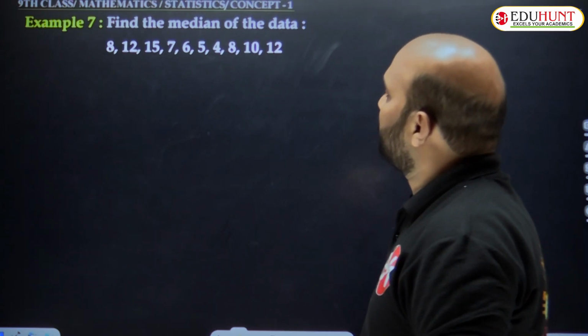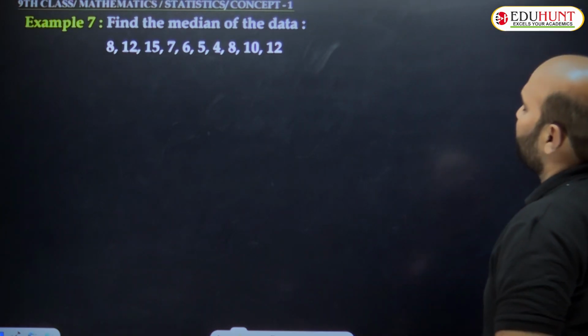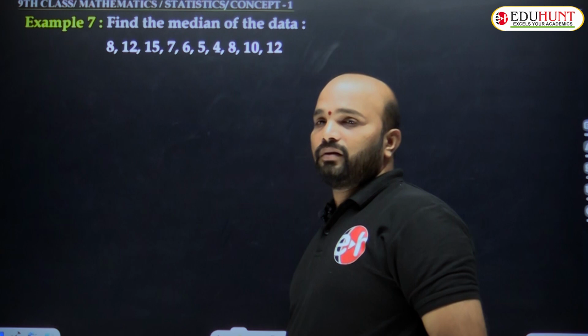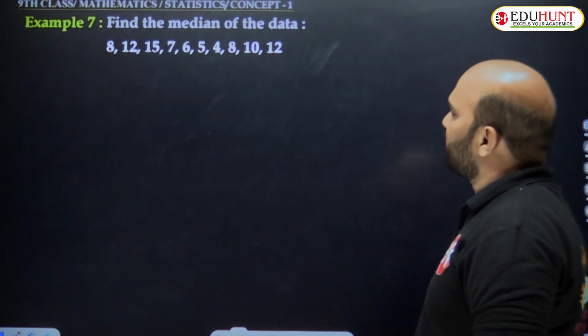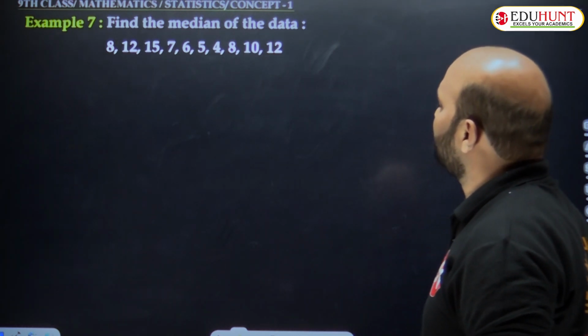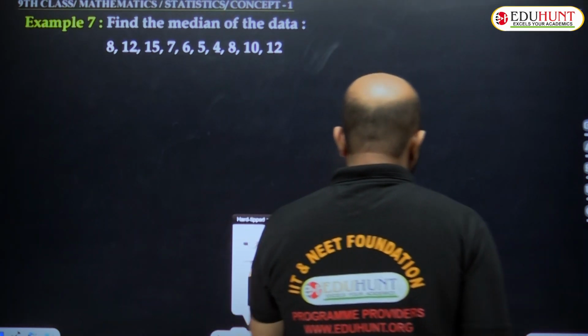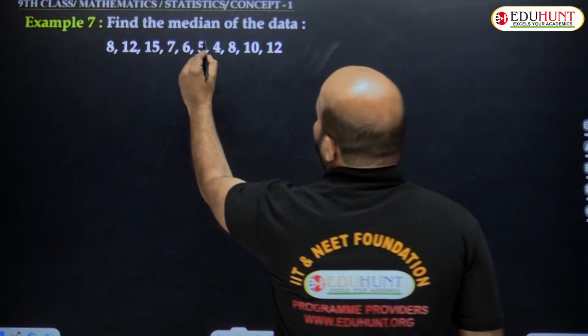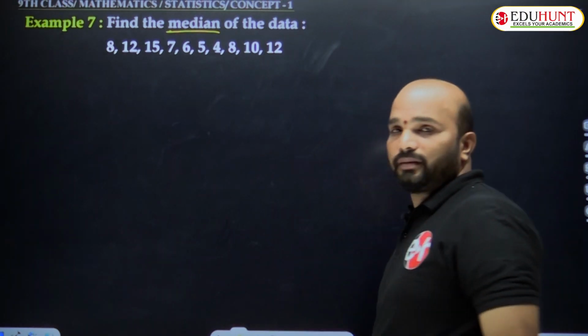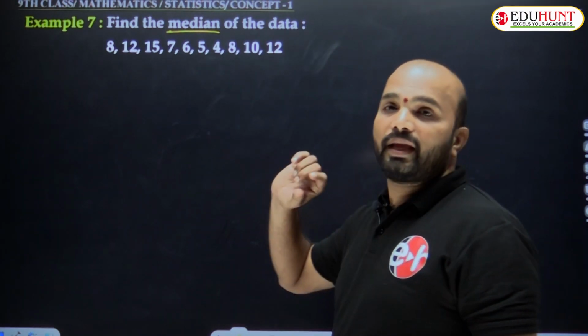So let's go to example number 7. Find the median of the following data entries: 8, 12, 15, 7, 6, 5, 4, 8, 10, 12. Since it is asking for the median, first we need to find the ascending order.